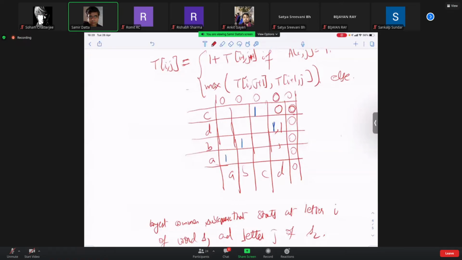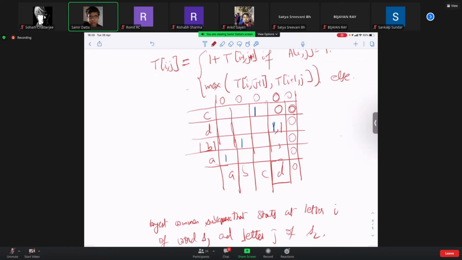Now this is an important point. What is the longest common subsequence? It starts at the letter D here and at the letter B here.